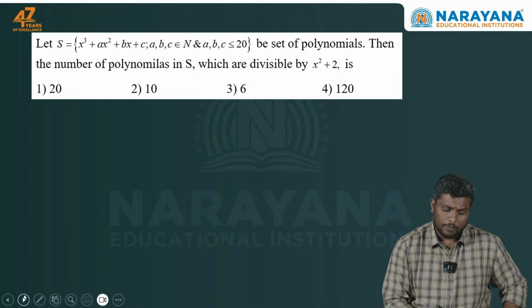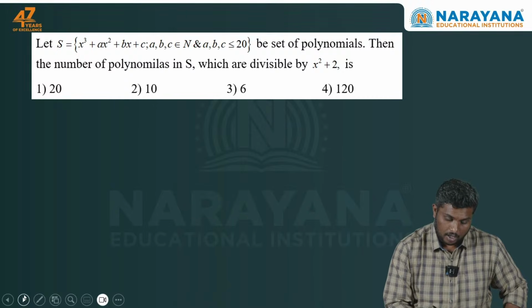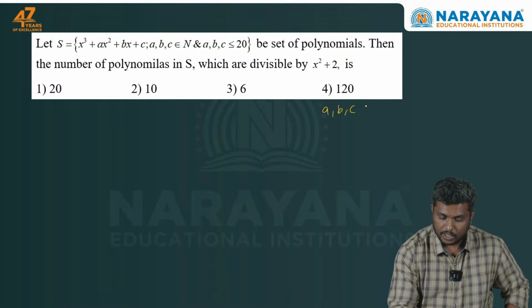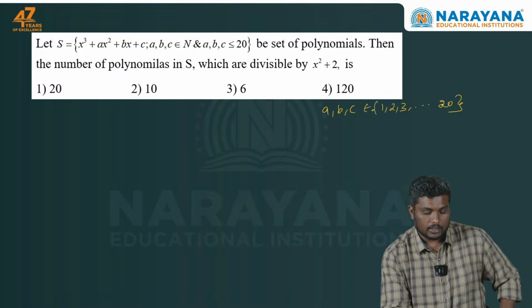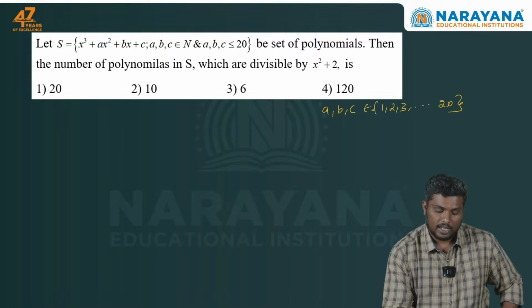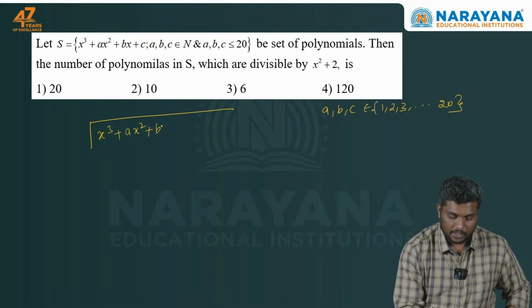Cubic polynomial, a, b, c belong to natural numbers, a, b, c are all less than or equal to 20. So a, b, c belong to 1, 2, 3, so on till 20. Set S of polynomials. Then the number of polynomials in set S which are divisible by x square plus 2. Let's divide and see this polynomial x cube plus ax square plus bx plus c and x square plus 2.